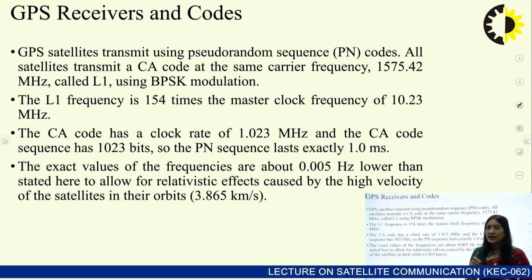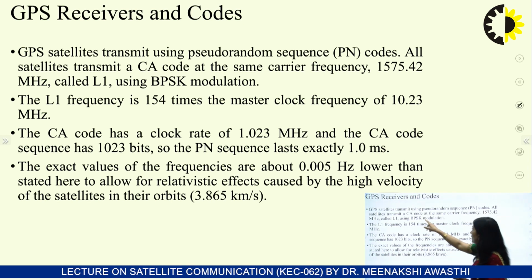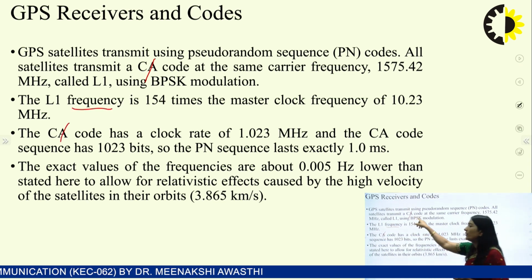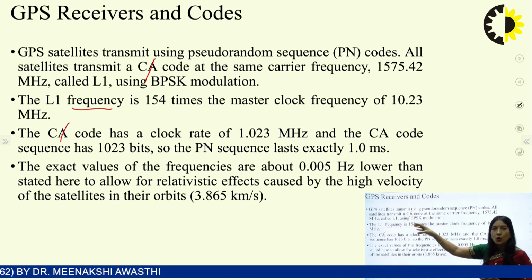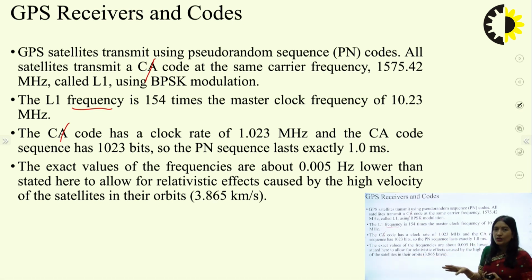The codes that I have already told you about are of two types, P code and C/A code. In the L1 signal, majorly we will have the C/A code and also a few parts of the P code, whereas in the L2 signal we will have only the P code. So the L2 signal will be used for defense purposes, and the L1 signal will be used for civilian purposes.